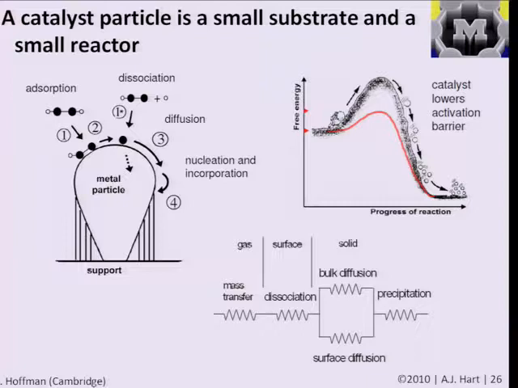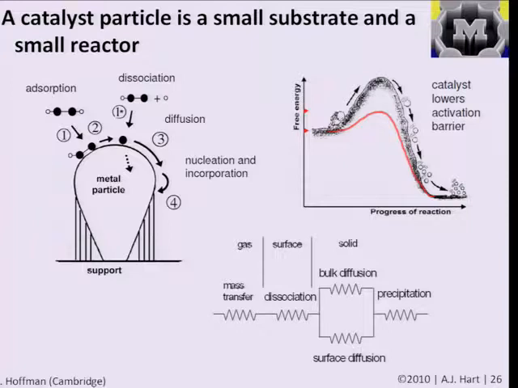And the reason why the catalyst is used is because the catalyst is essentially lowering the activation energy or the activation barrier for this process. It's favorable for hydrocarbons to adsorb to the surface of certain materials, and then it's favorable for them to diffuse over the surface of and/or into the material, and then to precipitate out from the structure.